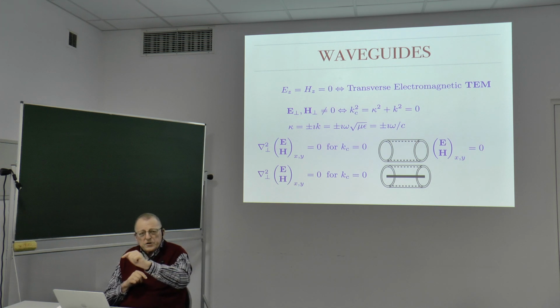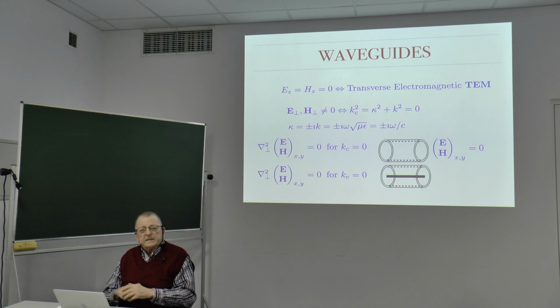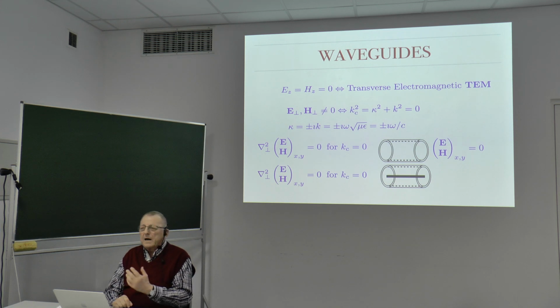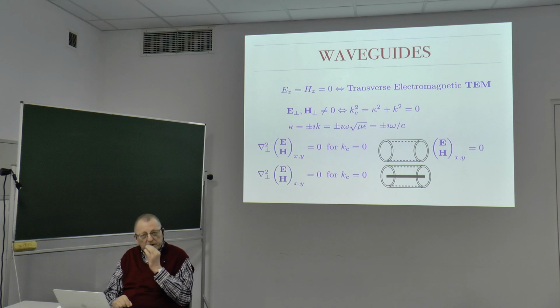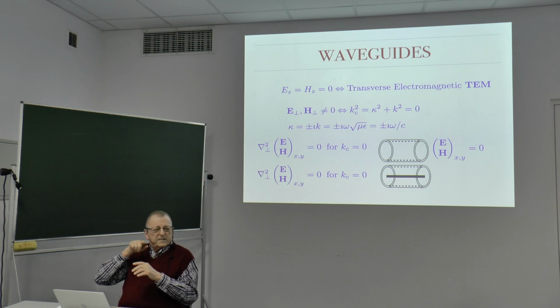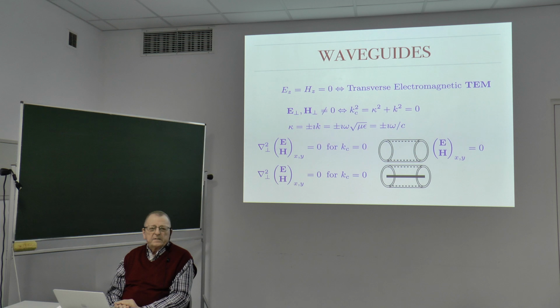If I put an additional boundary in the middle, then depending on the boundary conditions on it, the solution of the Laplace equation might not be identically equal to 0. So the TEM waves, which are different from 0, can only exist if there is a wire or something inside of my waveguide.